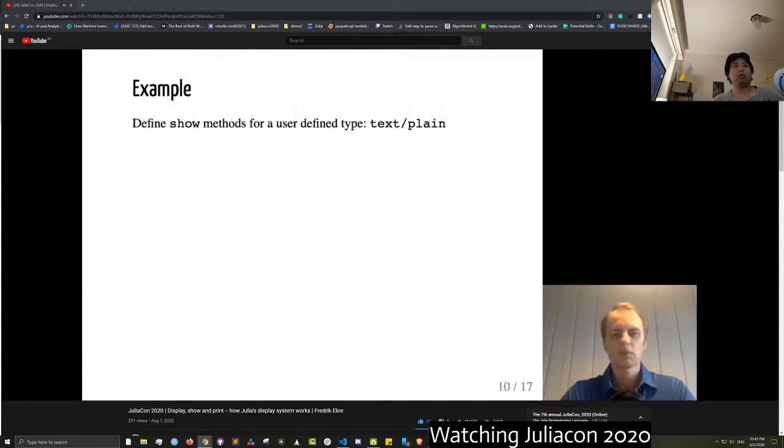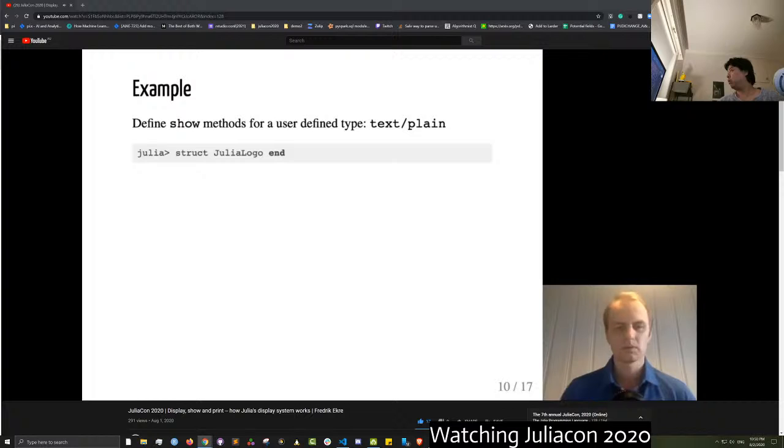So let's look at some examples. So here I want to define show for a user type, and first with just a basic representation, which is called text plain. So let's first define a simple type, which I call Julia logo.